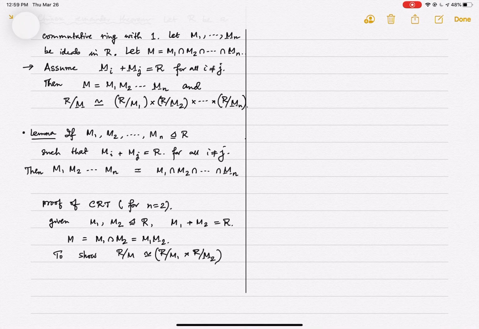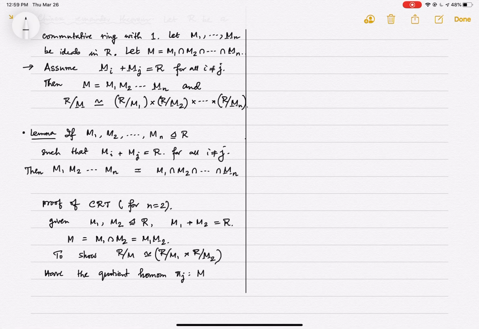Have the quotient homomorphism, what do I want to call this? Pi j maybe?